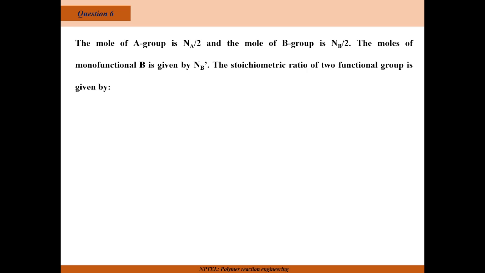This is a very similar example to what was told in the class. We need to have a general equation for R, the stoichiometric ratio of the two functional groups. Basically we need a relationship between R, Na, Nb and Nb prime.